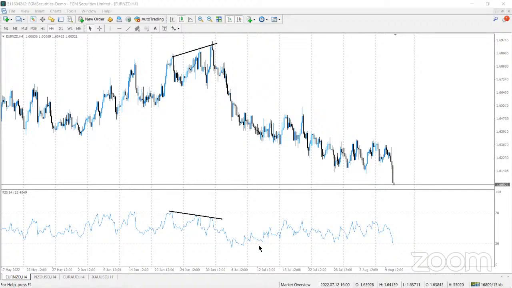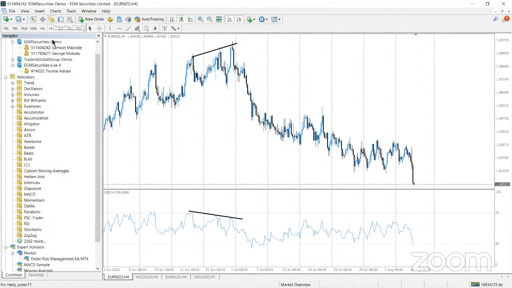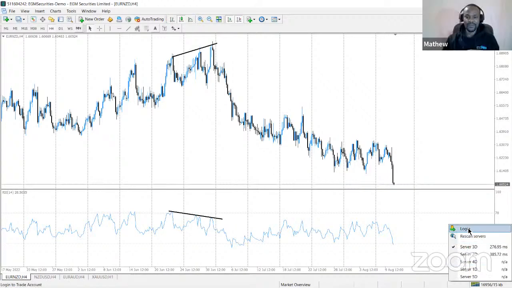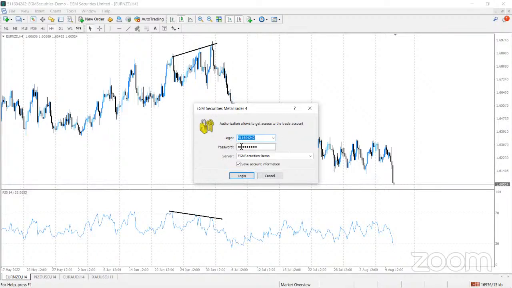Then once you log in, I'm going to demonstrate with the PC because I'm using the PC. It's going to bring you to a section like this, where you simply enter your account ID.